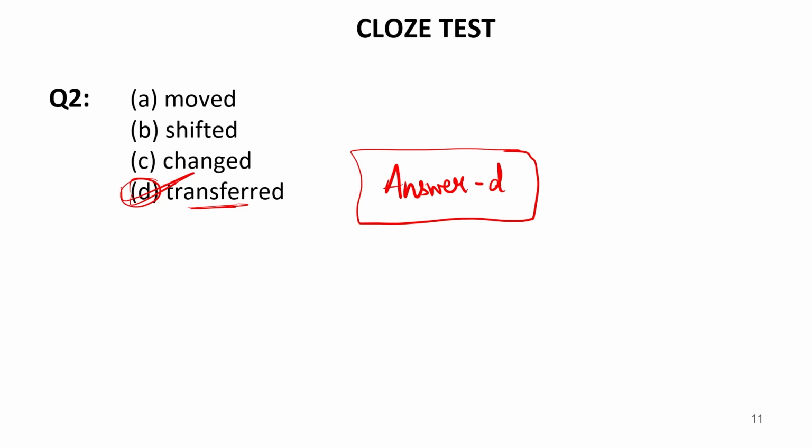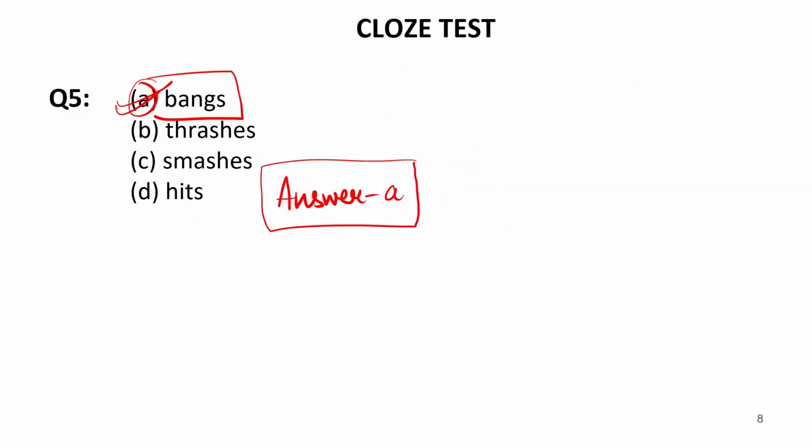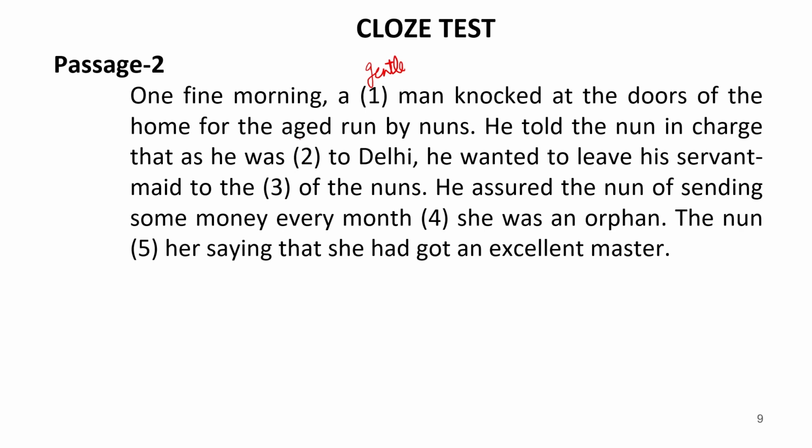But transferred means he has only got the transfer letter, but he has not shifted there yet. So first he went to that particular area where aged people used to live, and after that he will go to Delhi. So here it is transferred to Delhi.